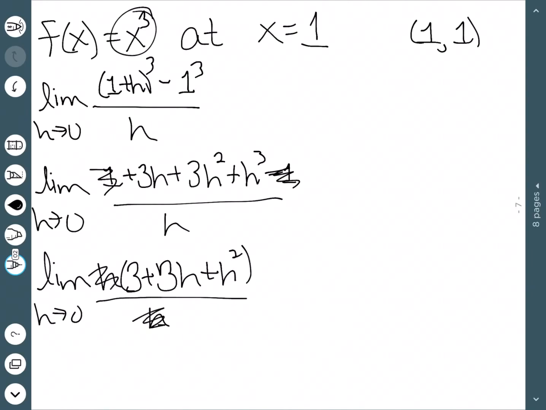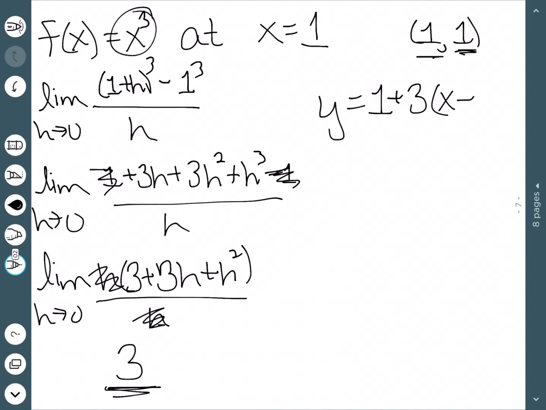And when I cancel and try to take the limit as h approaches 0, I get 3. So this time my line says f of x0, which is 1, plus my derivative, which is 3, times x minus x0, which is 1. So this time I have 3x minus 2.